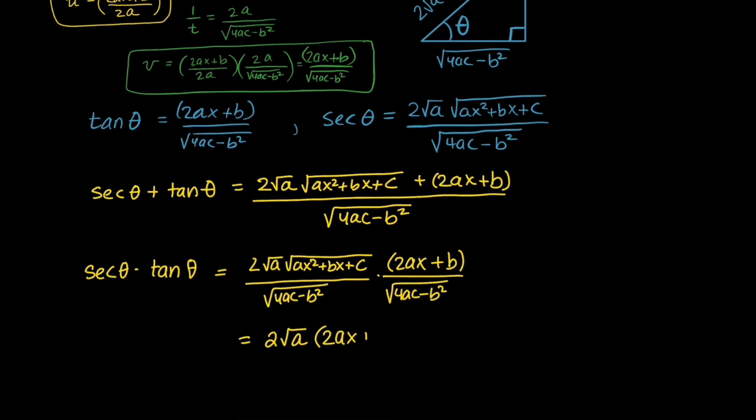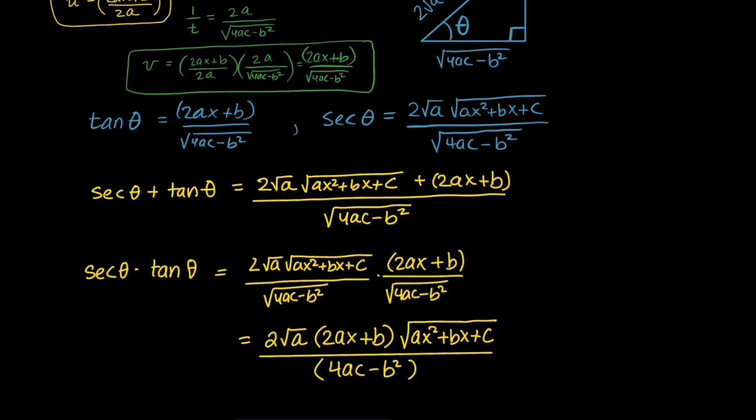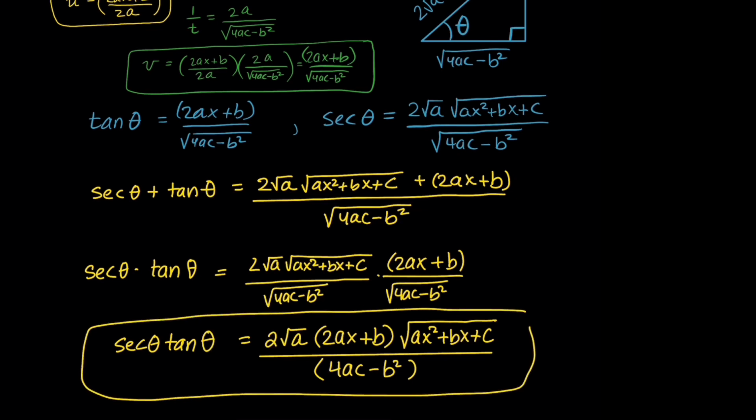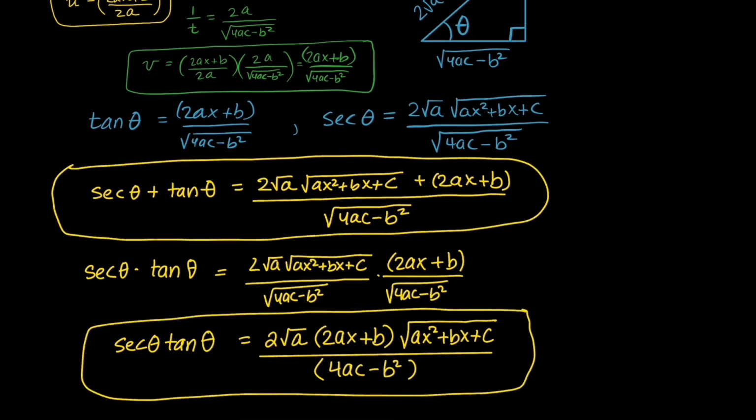So just cleaning this expression up and rewriting it in the simplest form we can for now, we get an expression for both the secant plus tan and the secant times the tangent. All right, so we're going to lock that into our toolbox, and we'll now bring all of this together.